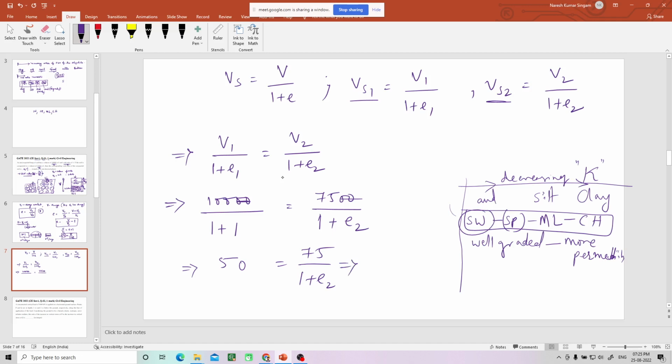Then 25 twos are 50, 25 threes are 75, so 2 plus 2E2 equals 3, so 2E2 equals 3 minus 2, E2 equals 1 by 2, E2 equals 0.5. Is there any doubt?